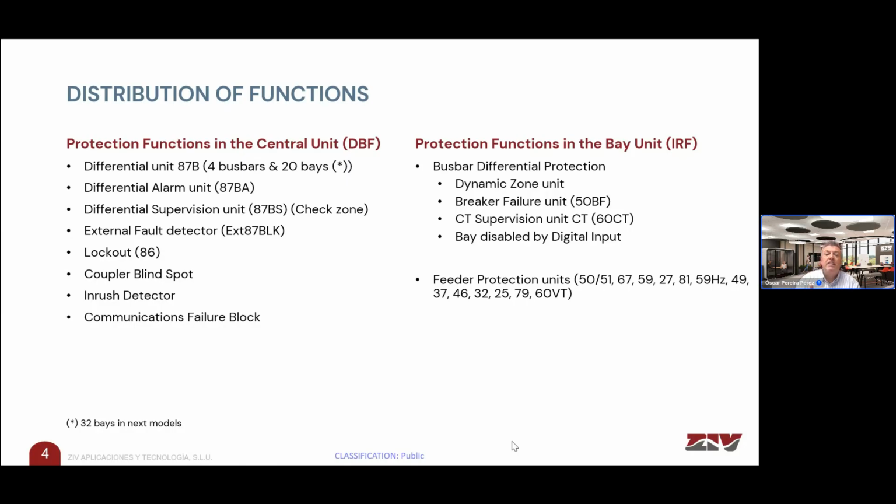For example, the CT supervision. Clearly, for the CT supervision and the breaker failure, we are talking about a single bay unit, the same breaker and the same CT. So it seems quite logical that these protection functions are included in bay units, the dynamic zone, etc.